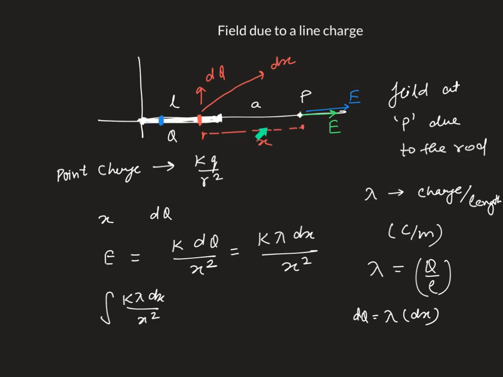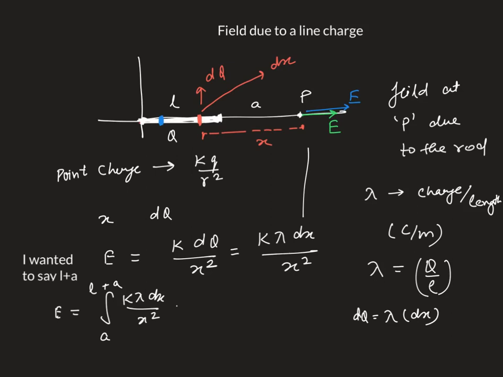And the largest possible value, of the other end of the rod from point P, is going to be L plus A. So what are going to be my integration limits? My integration limits are going to be from A to L plus A, and k lambda. What is the integration of dx upon x squared? That is a very simple formula, minus of 1 upon x.